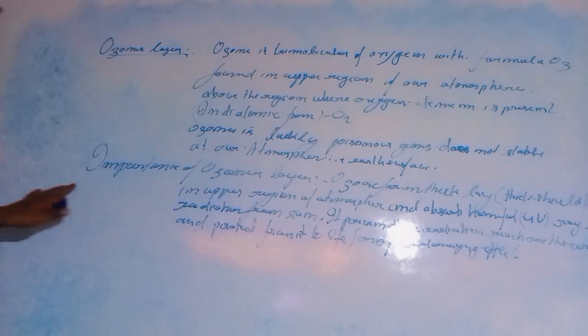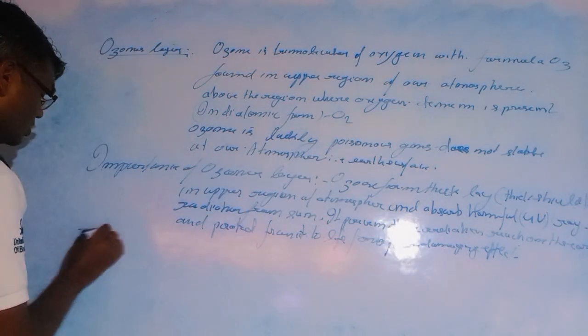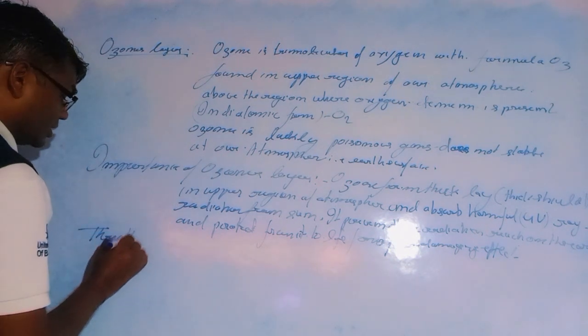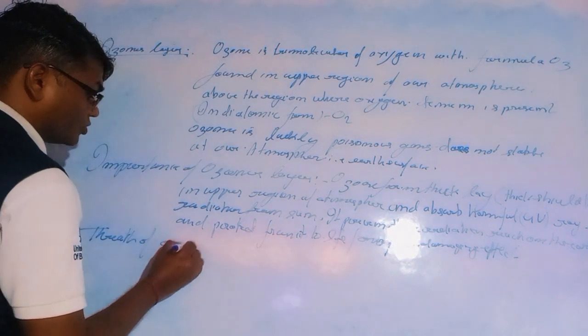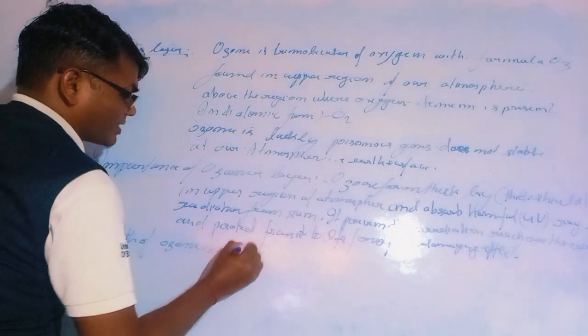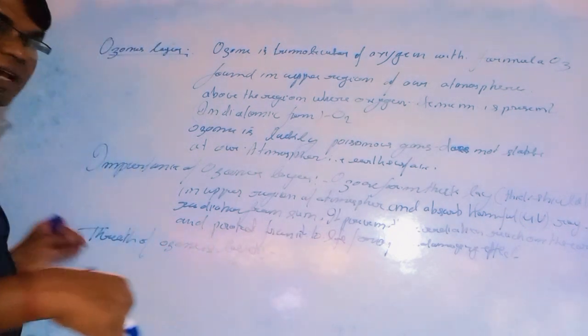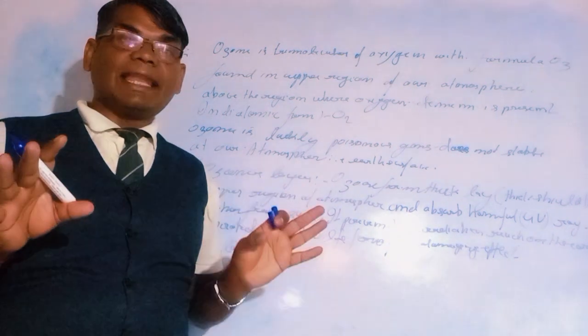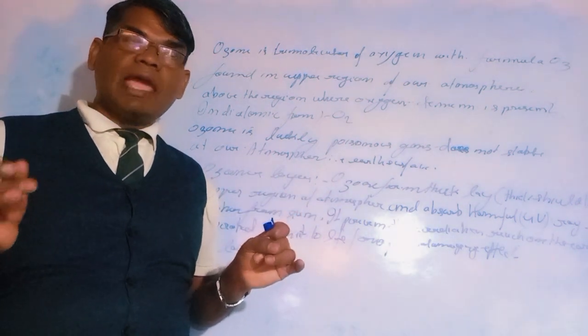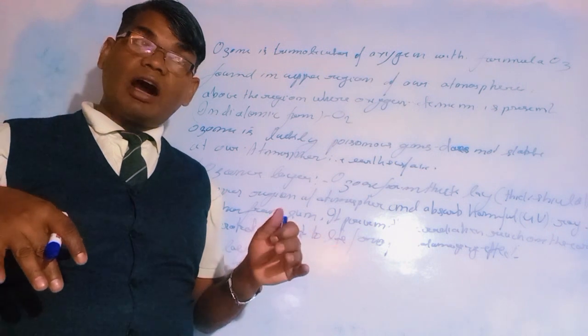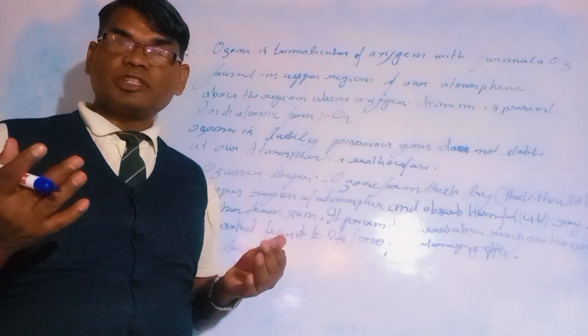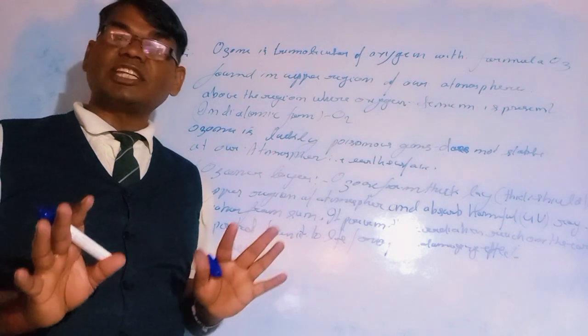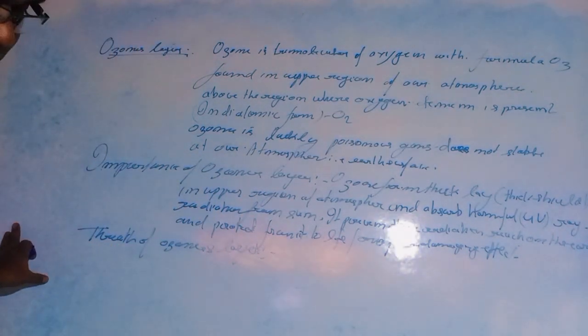So that is its importance. Now we will discuss the threat to the ozone layer. As we know, man is an animal who uses a lot of natural resources, in very huge amounts and in unbalanced patterns. That's why problems are going on.